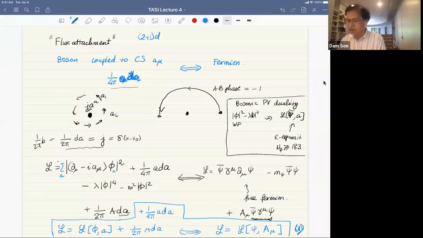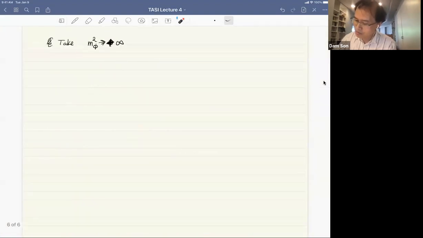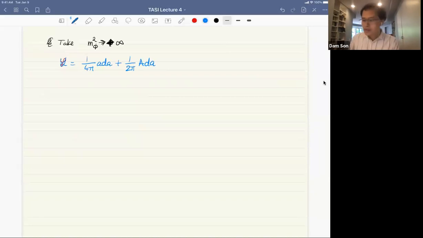If now phi is massive, then basically I can just integrate it out. Phi decouples, this term completely goes away, and I have in the theory just L equals 1 over 4 pi a da plus 1 over 2 pi a dA. All right. And then I can integrate over little a.